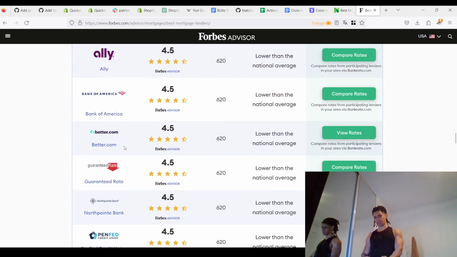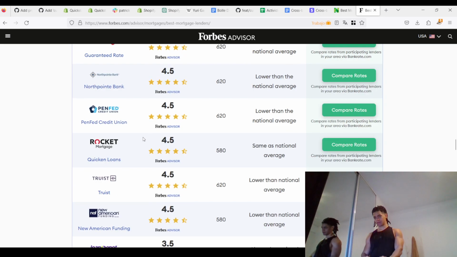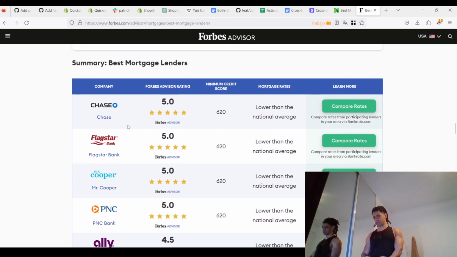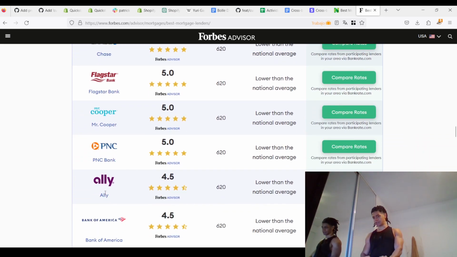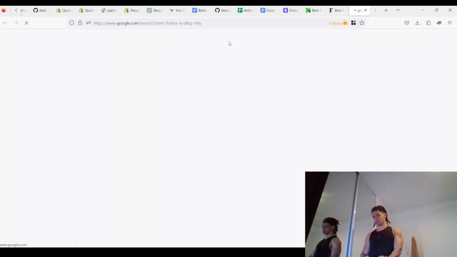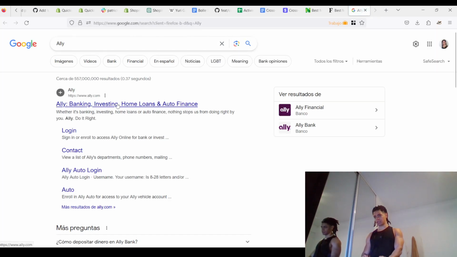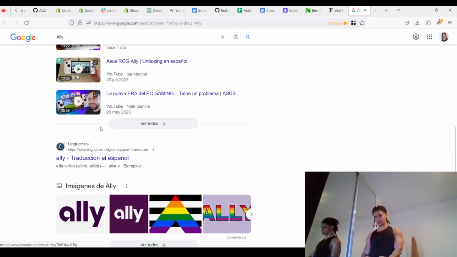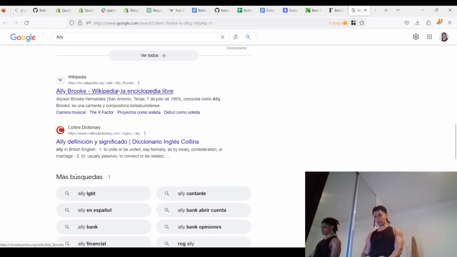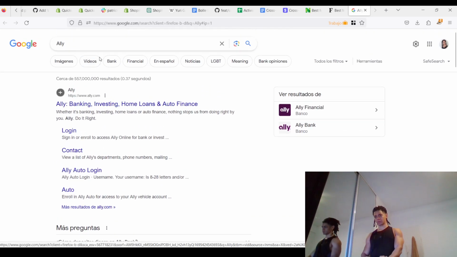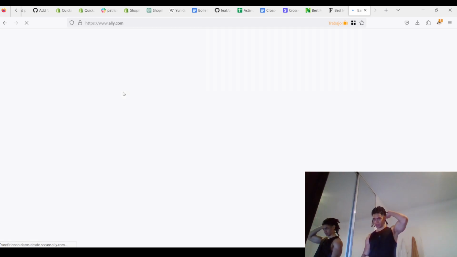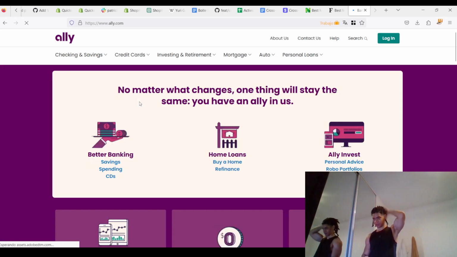Bank of America. And let me add one, two, three, four. And Ally: banking, investment, home loans, and auto finance. There are a lot of new banks, Jesus.